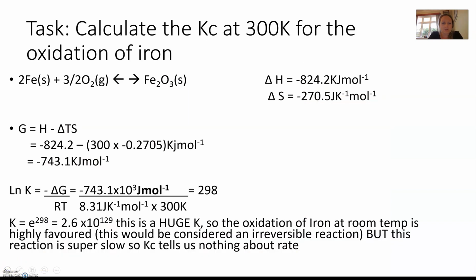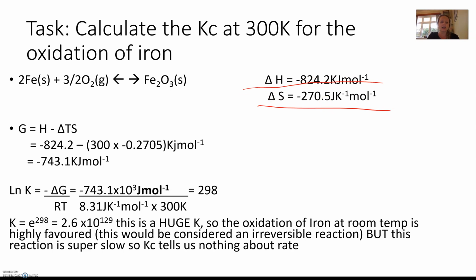Okay, so this one here, guys, is calculate the Kc at 300 K for the oxidation of iron. So the oxidation of iron is one of the forms of rust, okay? So here's some data. This one, instead of giving you ΔG, they've given you some information. They've given you an enthalpy and they've given you an entropy.